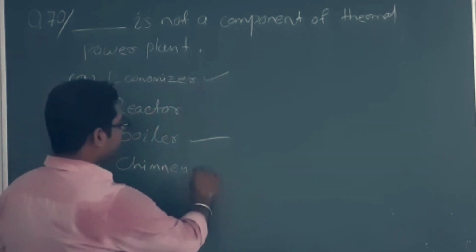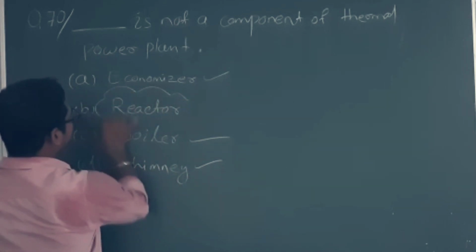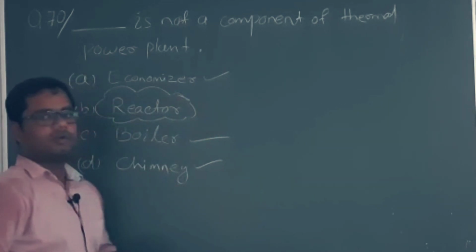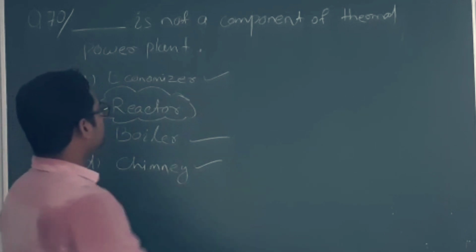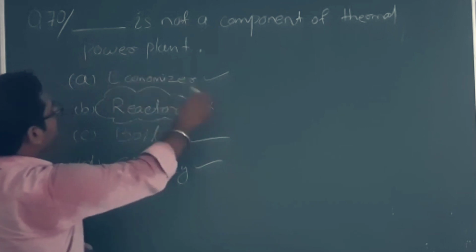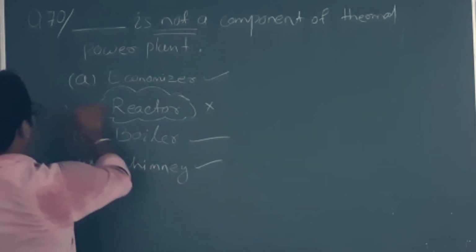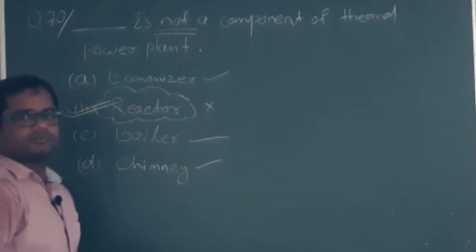So it is also related to the thermal power plant. So the only part which is not related to the thermal power plant is the reactor. So this is not a component. Okay. So option B is the correct choice for this question.